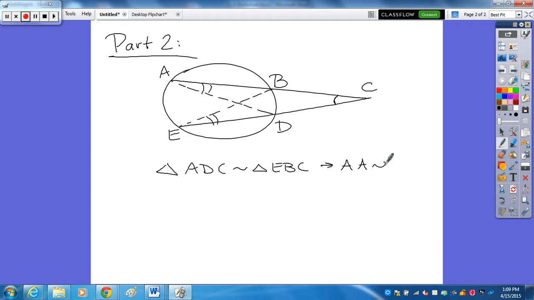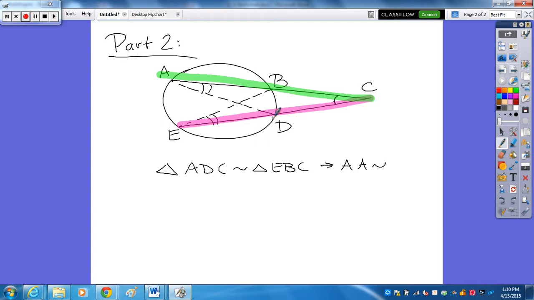So what we want to look at now between these two triangles is the relationship of the side lengths. Okay? We're specifically looking at this length right here and this length right there. If I look at this triangle down here, ADC, which two segments are present?